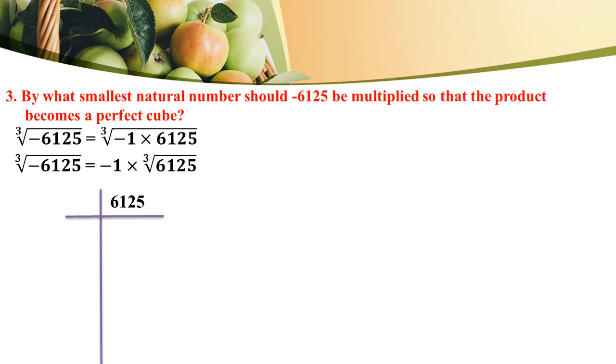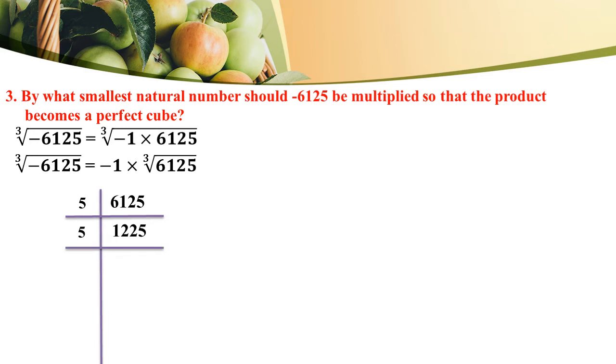6125 is not divisible by 2 because the ones digit is not an even number. So, we should take the next prime number. The number is ending with 5, so we can take 5. 6125 divided by 5, we will get 1225.